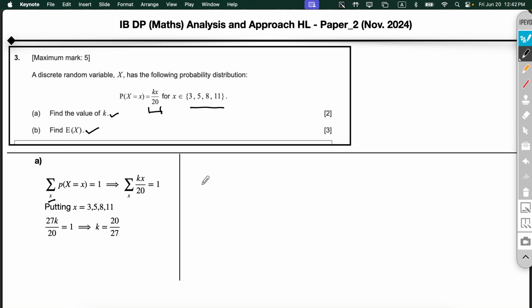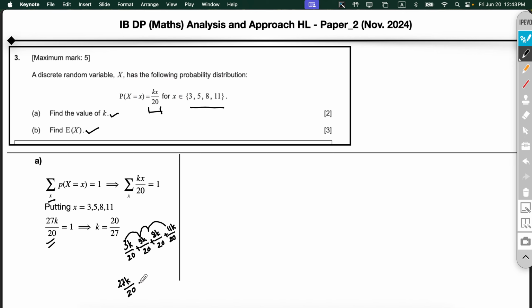So we have 3k by 20, then 5k by 20, 8k by 20, and 11k by 20. So 11 plus 8 is 19, plus 5 is 24, plus 3 is 27. So this is 27k over 20.